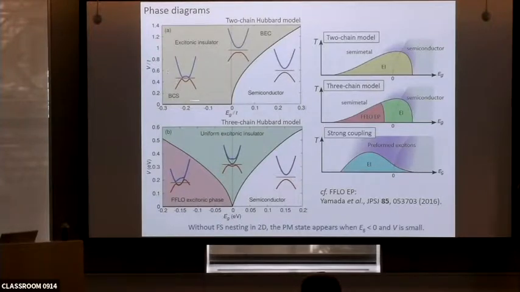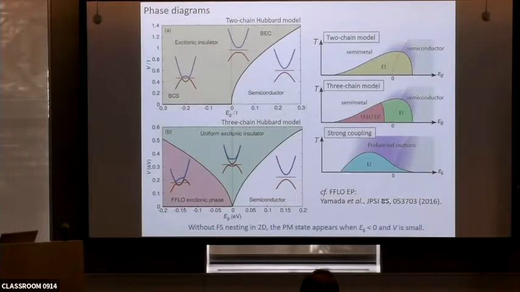But when V is small, in the semi-metallic region, we have the BCS-type condensation. This is the standard. But in the three-chain model, we have a semiconducting region here, and a uniform excitonic insulator state here. But in the weak coupling region, where V is small, we have a FFLO-type excitonic condensation, in which excitons have finite momentum.